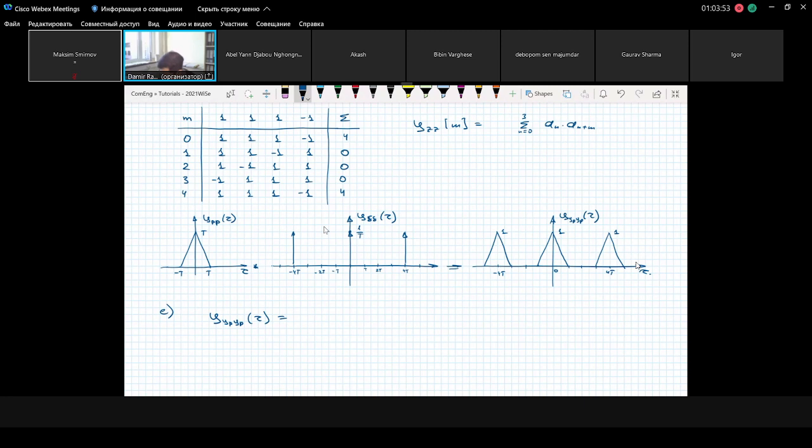If we formalize the expression for the autocorrelation function, we can write it as a triangular function of tau over capital T, convolved with a sequence of delta pulses, the sum over k from minus infinity to infinity of delta of tau minus 4kT.